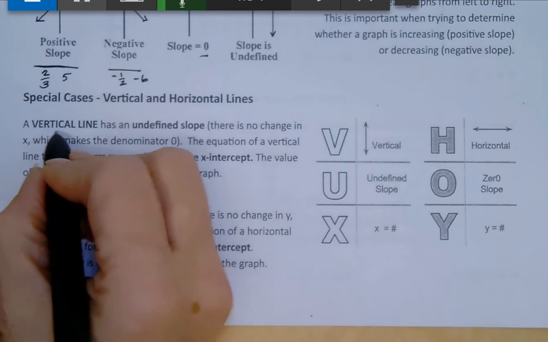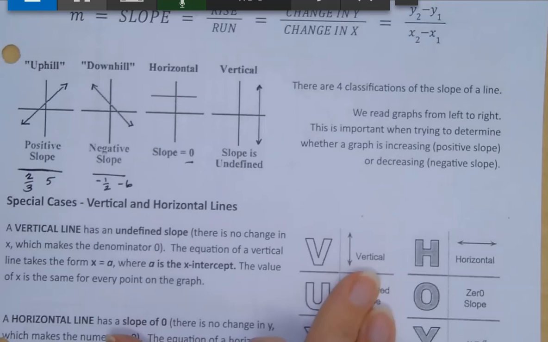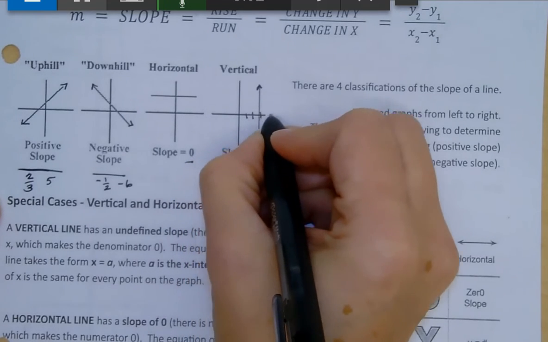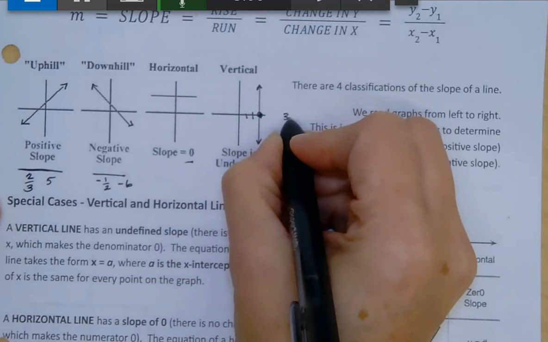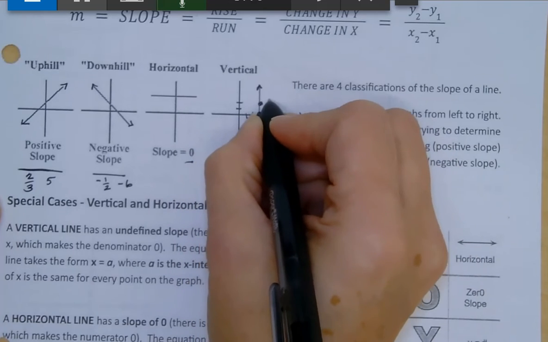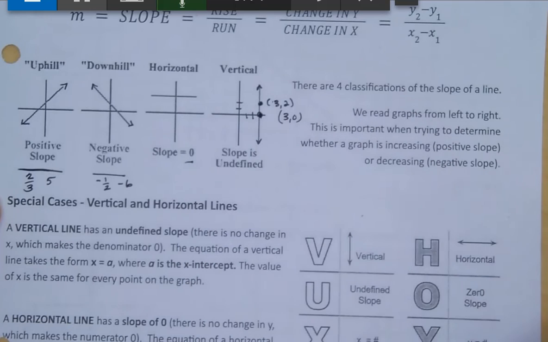So a vertical line has an undefined slope, because we just talked about that. I could give you examples. Let's pretend we have a point here at (3, 0) and another point here at (3, 2).